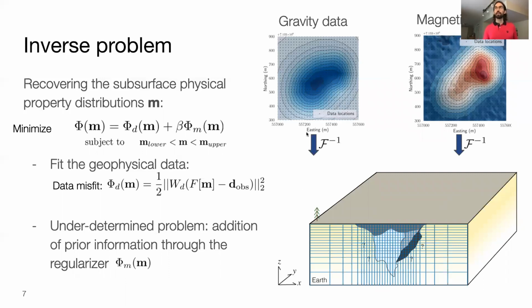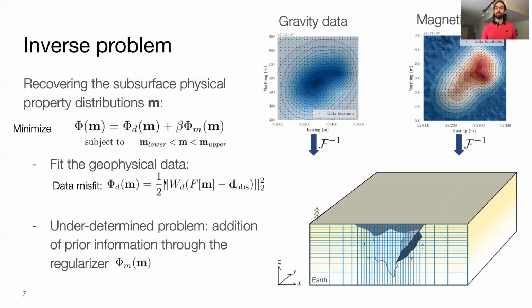The way we go from the data to an image is through the minimization of an objective function, with m being the physical property of each cell. So that's our variable. And this objective function has two parts.